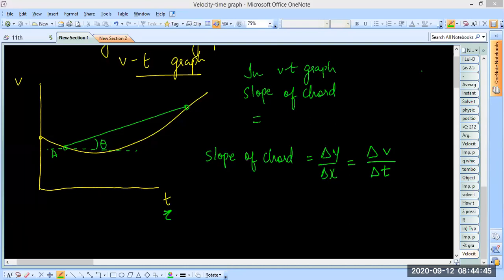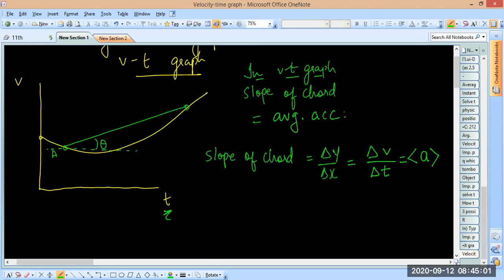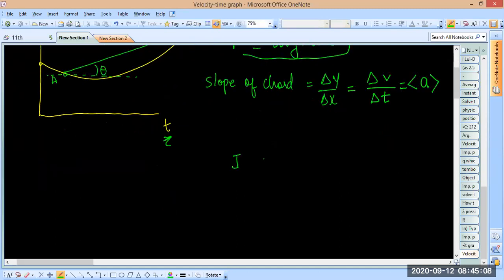Okay, the correct answer, people, is average acceleration. Come on, please remember the formula. So the slope of a chord in a VT graph gives average acceleration. If you realize, this is actually the same as it was in the XT graph.